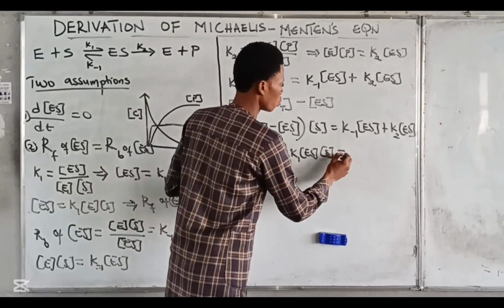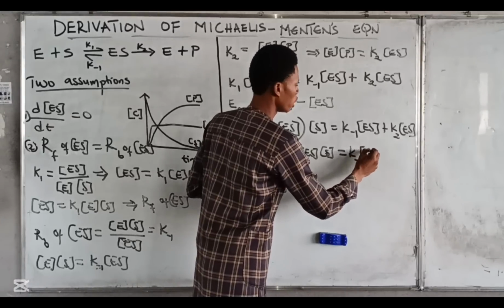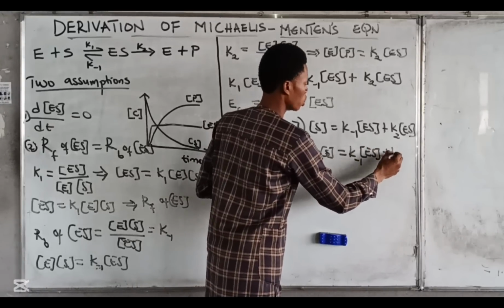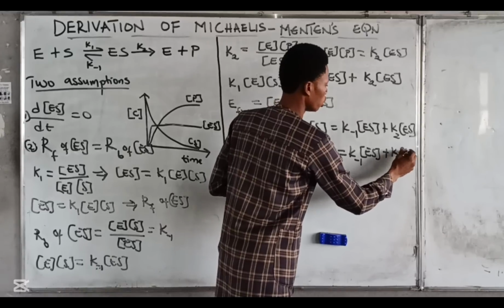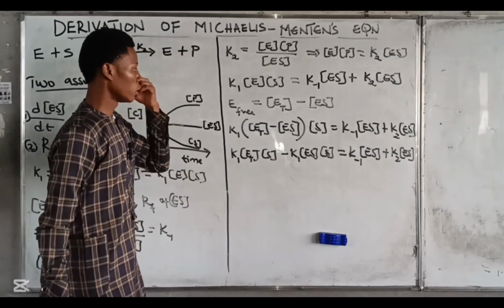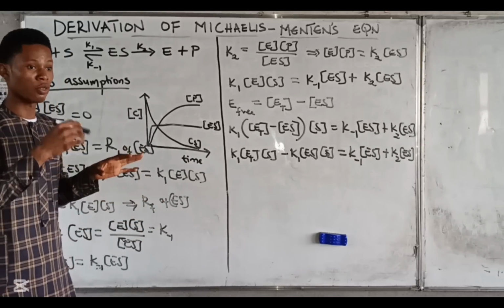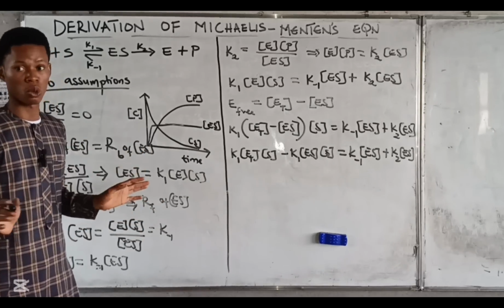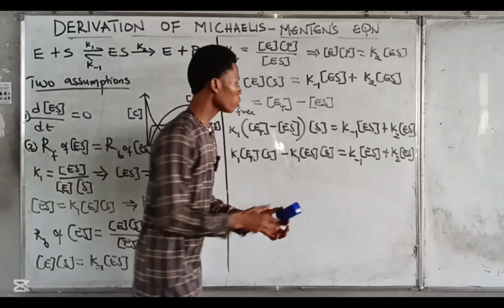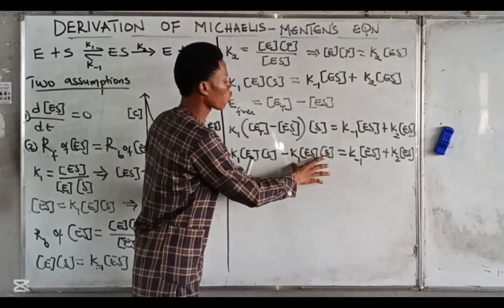Now this is equal to, I'll write this one back. K minus 1 ES plus K2 ES. We're almost done. Just like I said, it will look long, but if you follow the procedures, it's just straightforward.